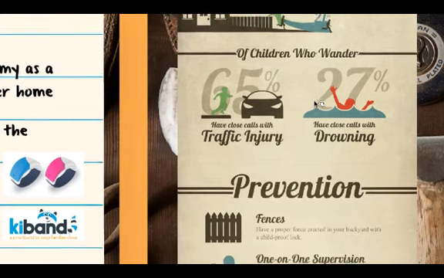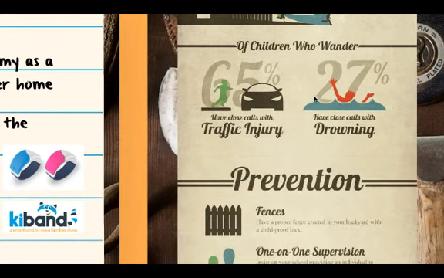Now here's the implication, and it also applied to Gracie. Of those kids that wander, 65% of them have close calls with traffic and injuries as a result of traffic. And then 27% of those individuals have close calls with drowning.